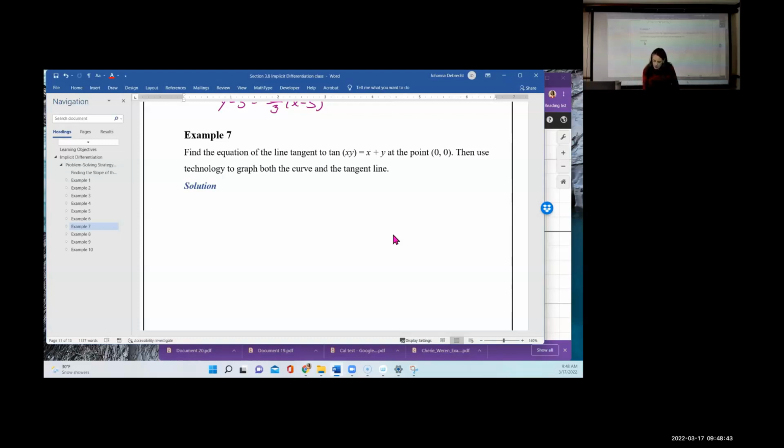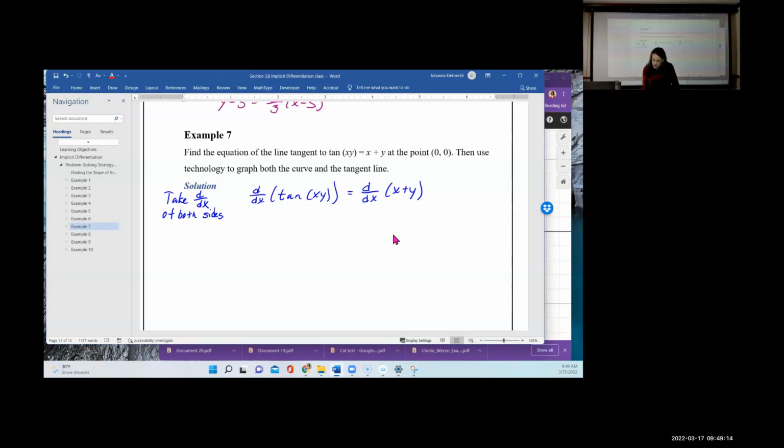So we want to find the equation of the tangent line on this one. So we start same steps, take the derivative of both sides. And this is going to give us the derivative of tangent of xy. The inside of the chain rule is going to invoke product rule. And then we have the derivative of a sum. Okay.